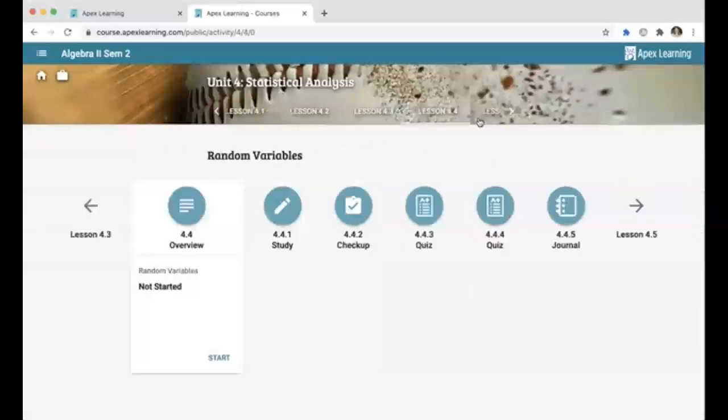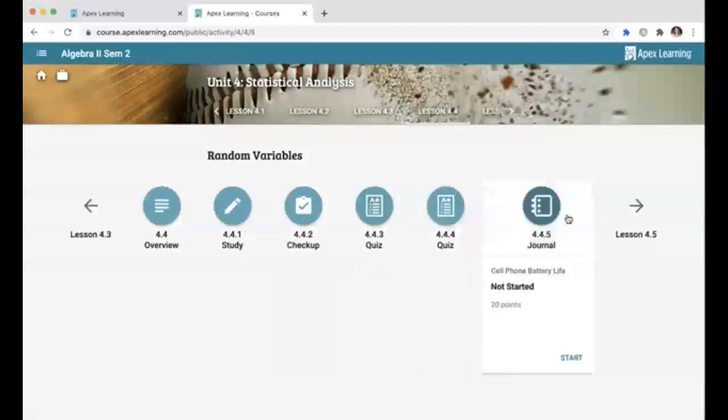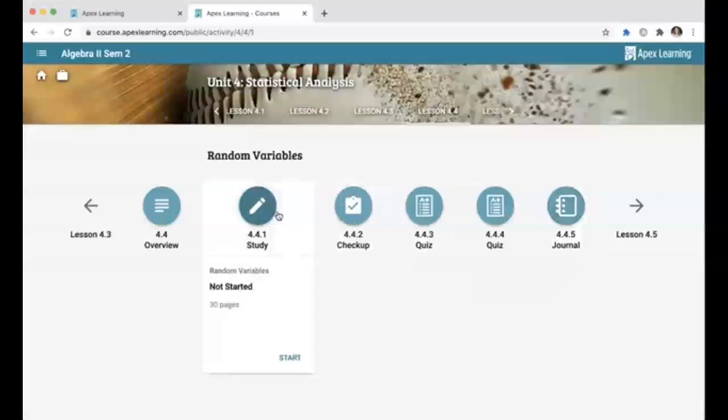We didn't quite finish 4.4, so you'll be responsible for finishing that up on your own, then doing the 2 quizzes, and if you'd like, the 1 extra credit journal opportunity. Again, I really apologize. If you have any questions about this unit as you're going through it, please don't hesitate to reach out. We ended on about page 23, so make sure you go back through this, finish it up, and take your 2 quizzes.